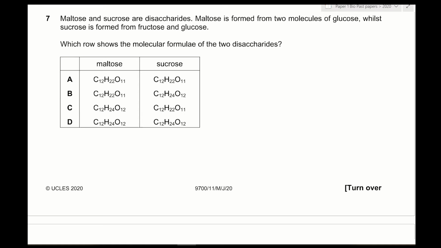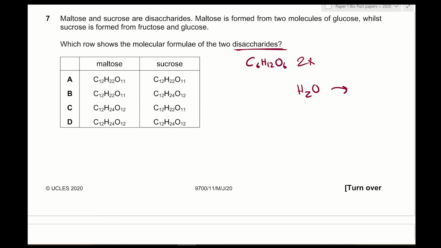As we all know, the formula of a normal glucose is C6H12O6. Now, it's a disaccharide, which means that 2 of these have combined together. And as we all know, in a condensation reaction, a molecule of water is removed.